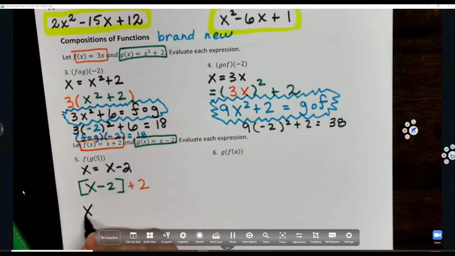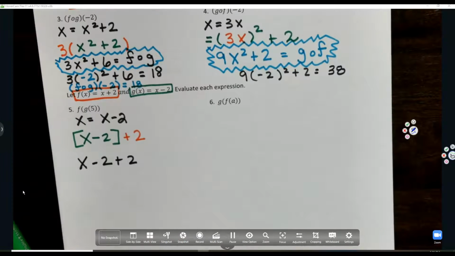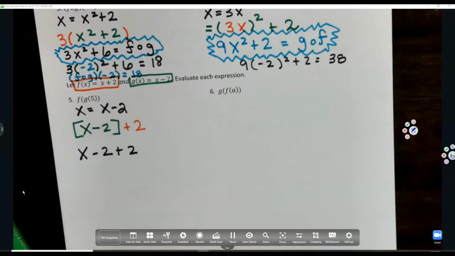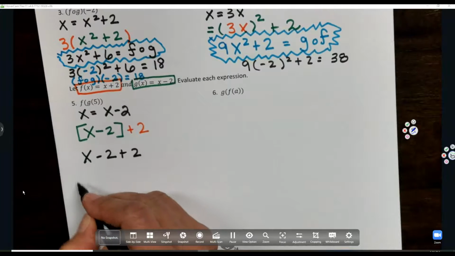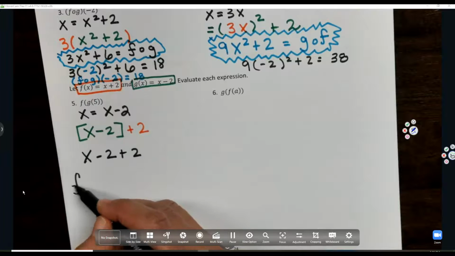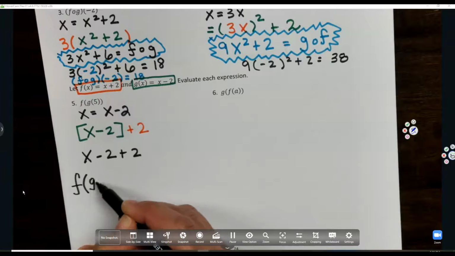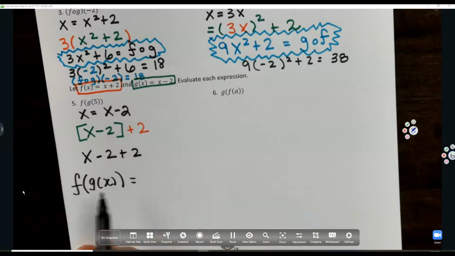That's the same as this. What does that simplify to? Just x. So watch how I write this. I'm not doing the input value of 5 yet. f of g of the placeholder of an input x equals x.